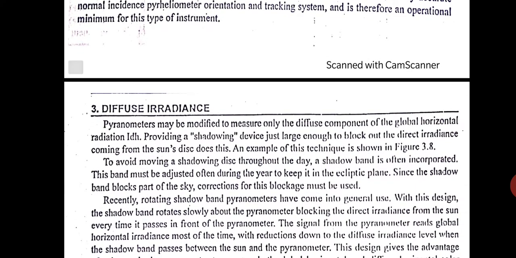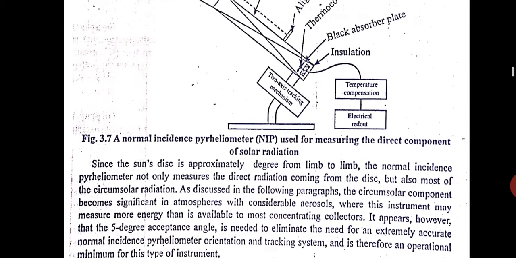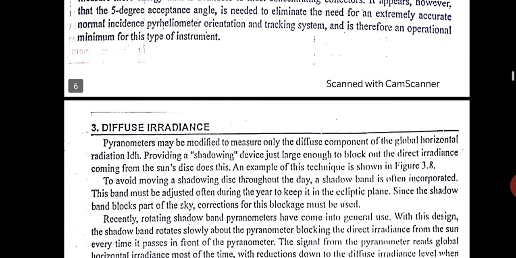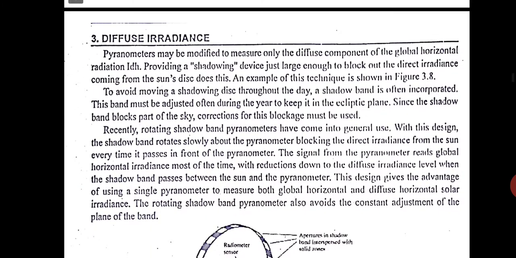So we have seen a device to measure global radiation, that is the pyranometer, and then we have seen the pyrheliometer, which is used for measuring beam radiation, and now for measuring the diffuse radiation.